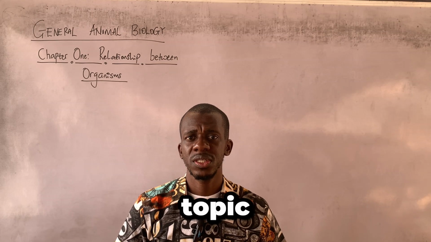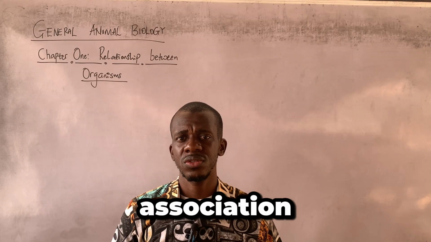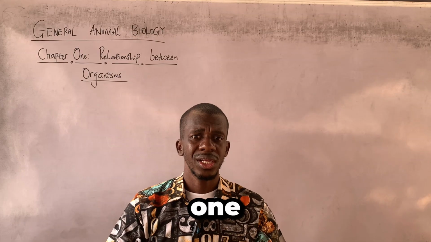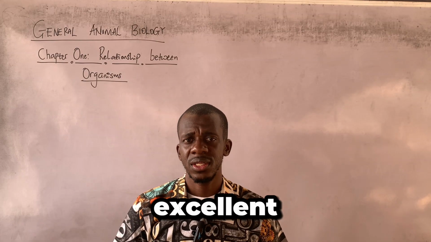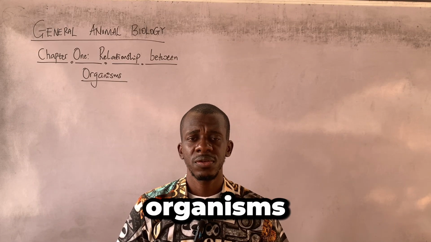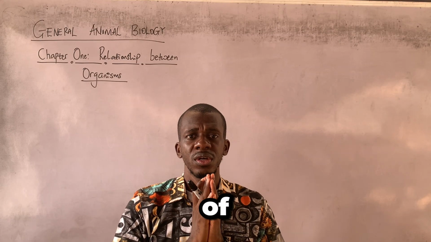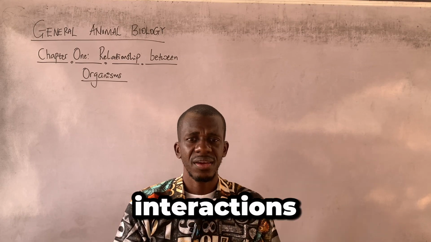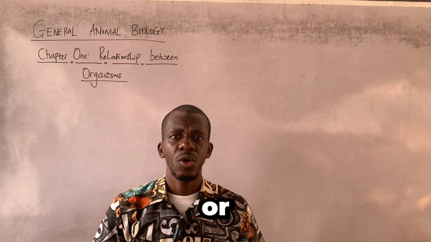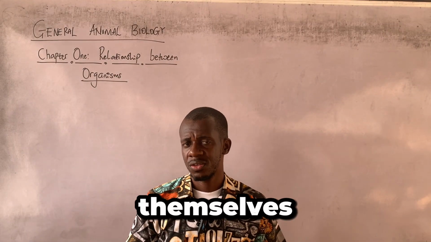So this topic is actually crucial as it shows us the basic kinds of association that organisms share amongst one another. You see that now? Excellent. So interrelationship or relationship among organisms tells us about the associations, the kinds of unions, the kinds of interactions that animals or even plants enter into with one another and equally with themselves.